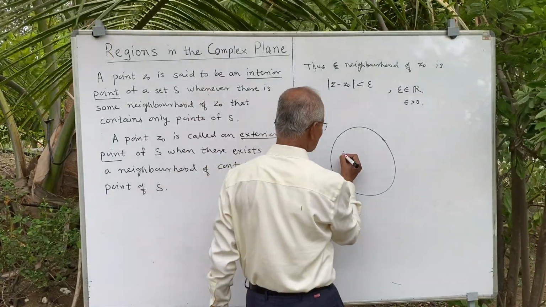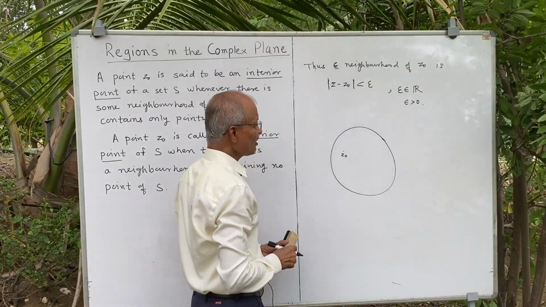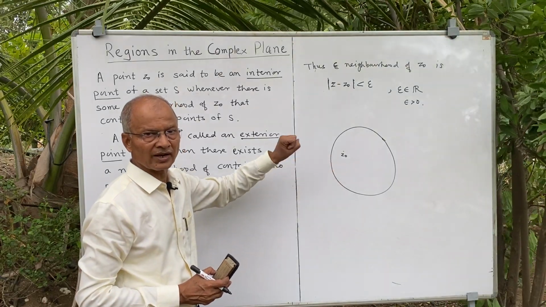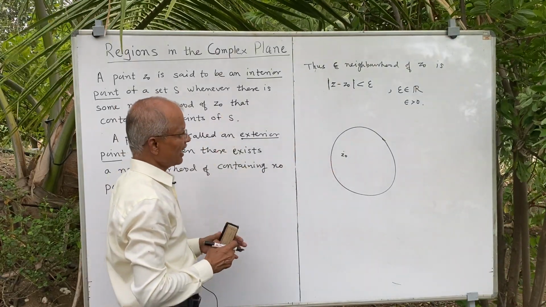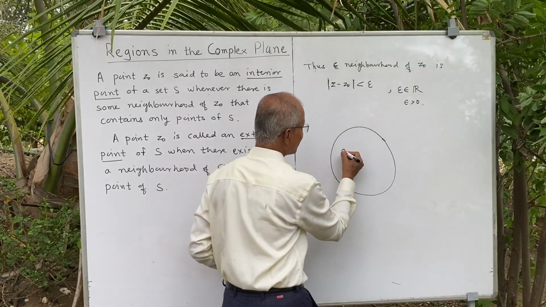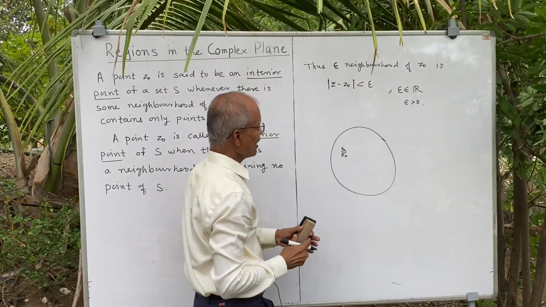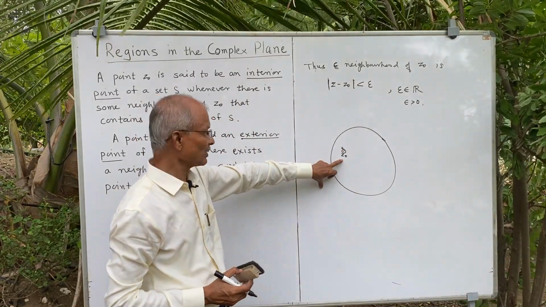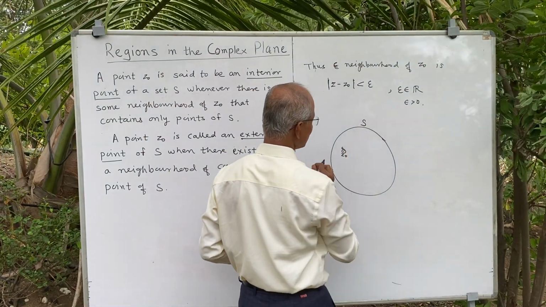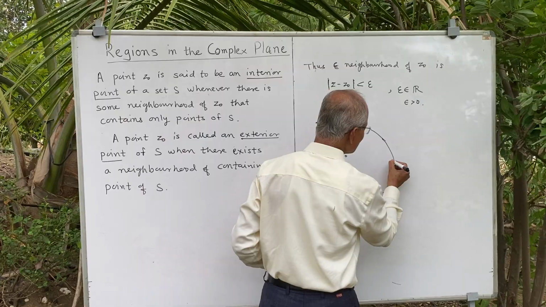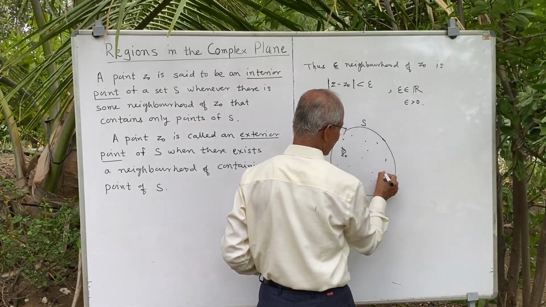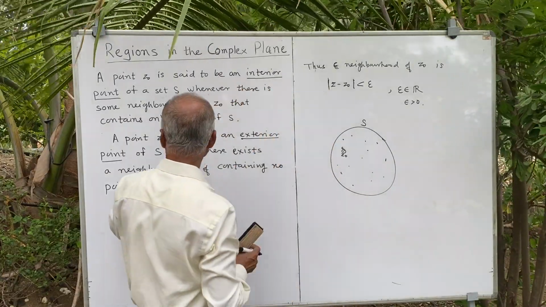See, this point Z0 is interior because according to the definition there must exist a neighborhood of Z0 which is entirely inside the set S, and that means we can construct a neighborhood around this point Z0 of radius epsilon, and that neighborhood is entirely in the set S. Then this is an interior point, and all the points which lie inside the region are interior points.